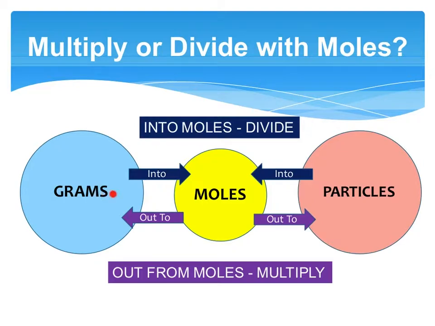Grams divided by the molar mass will give me the number of moles. Particles divided by 6.02 times 10 to the 23rd will give me the number of moles. So into moles, we divide. Out from moles, we multiply.